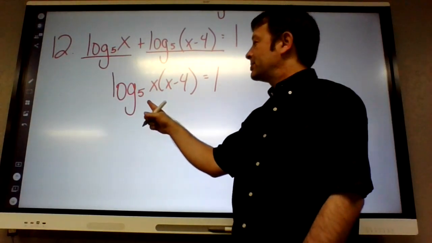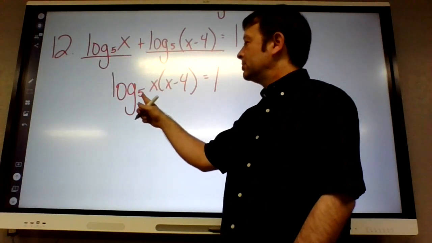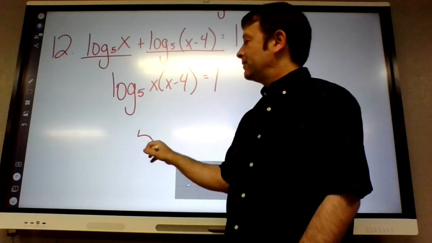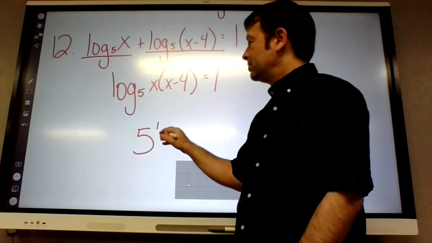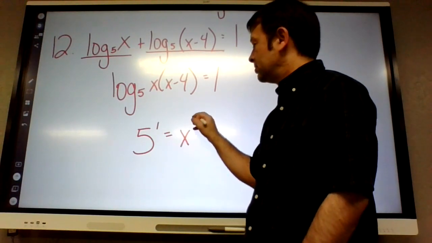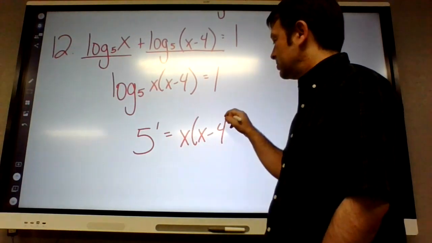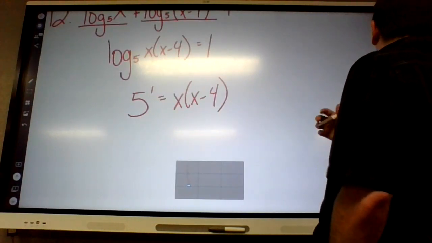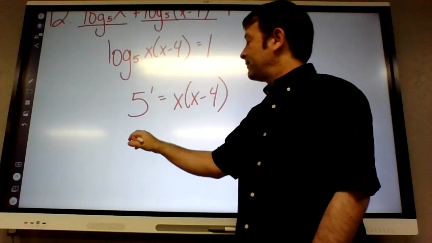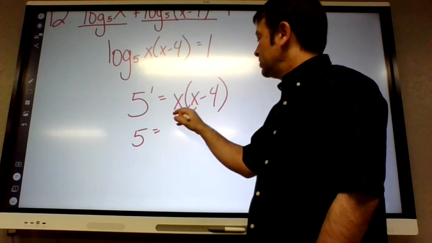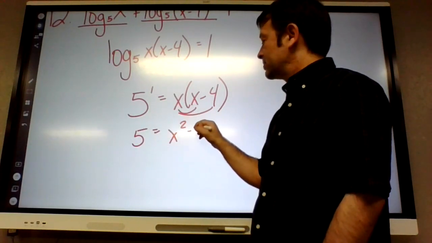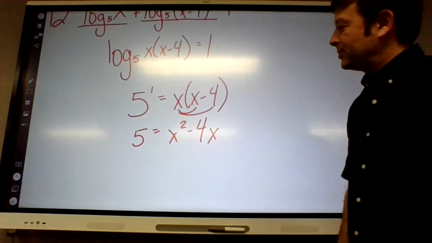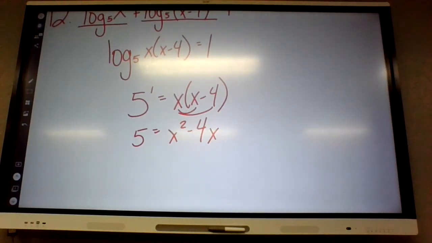So what's this in exponential form? 5 to the 1 equals x times x minus 4. 5 to the 1 is 5. And this is x squared minus 4x. How do we solve quadratic equations?